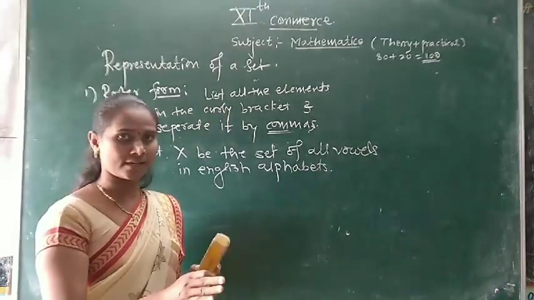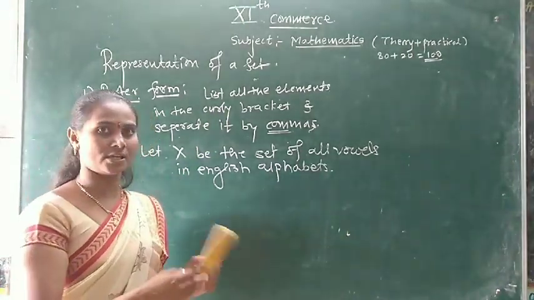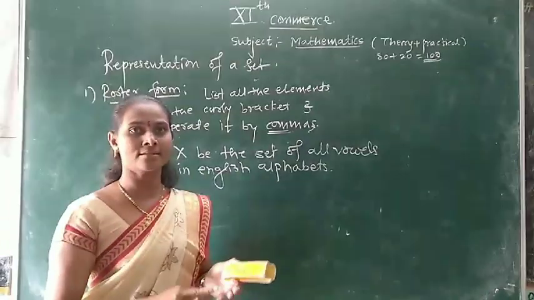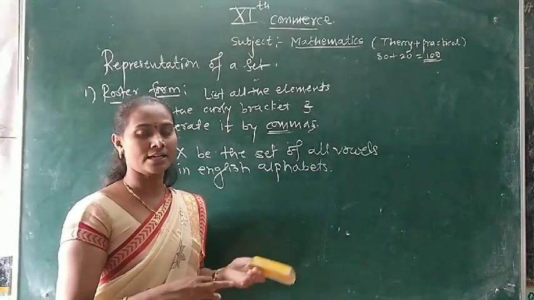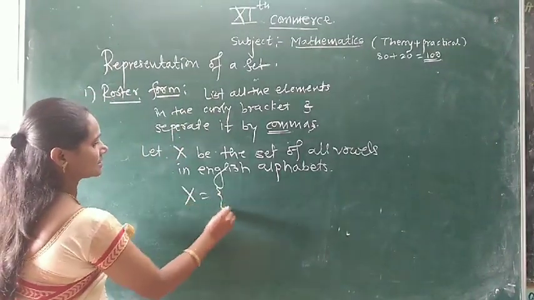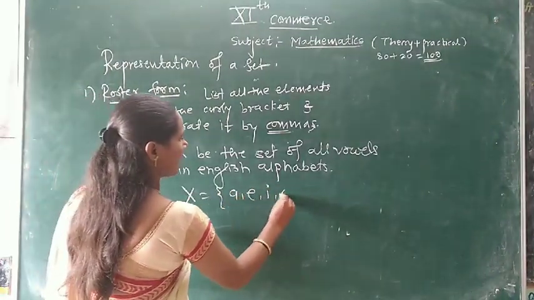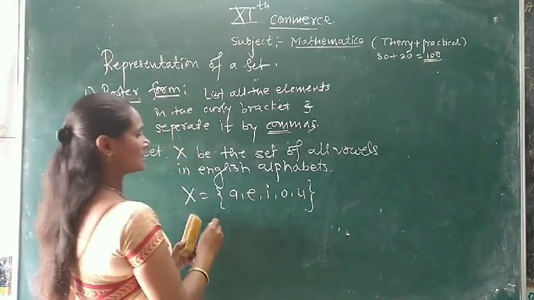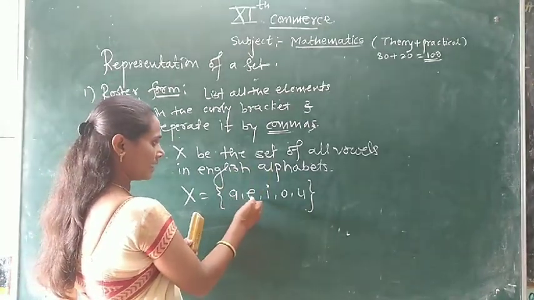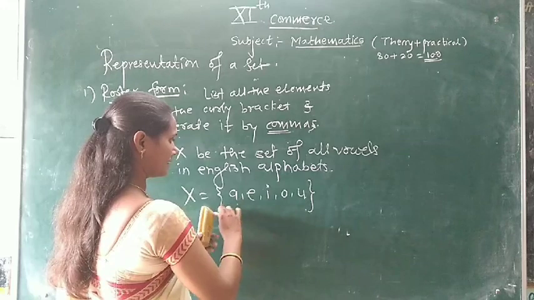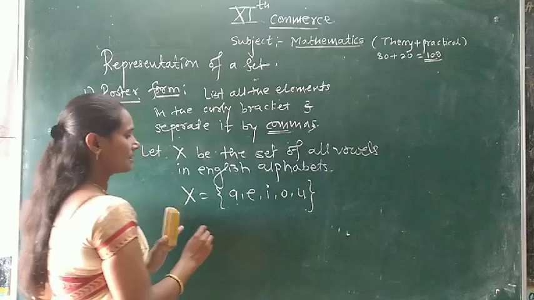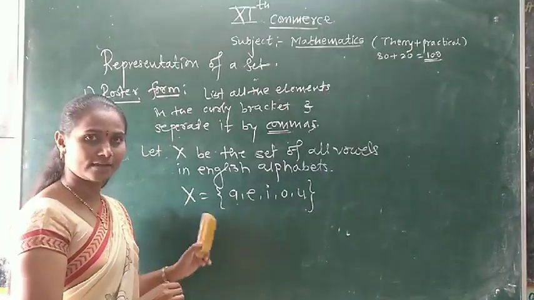Write all the elements in curly brackets and separate them by commas. The vowels in the English alphabet are A, E, I, O and U. So I am writing this set as X = {A, E, I, O, U}, separating one vowel from another by using commas. This is the method of writing a set in roster form.